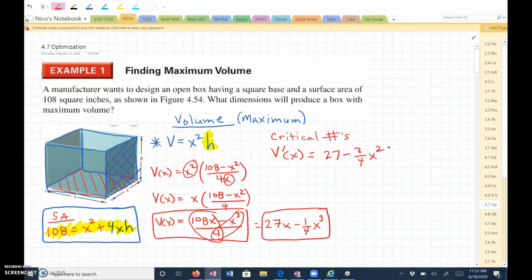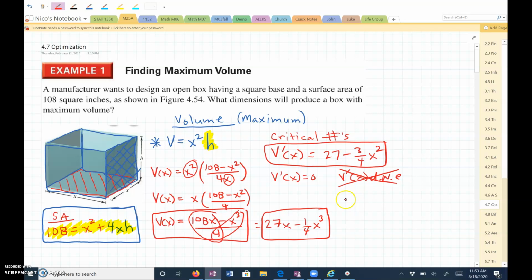And then to find the critical numbers, we need to figure out the x values where v prime of x is equal to 0, and the x values where the derivative of f of x does not exist. Since we don't have a variable in the denominator, this one doesn't come into play. This does come into play.